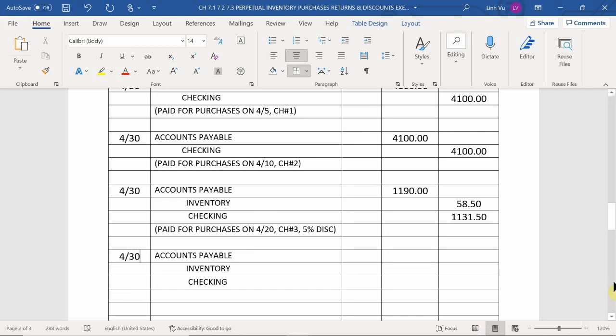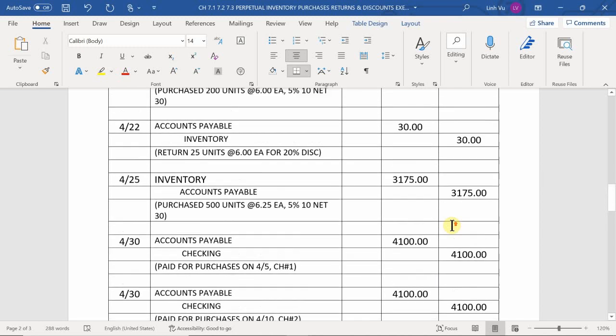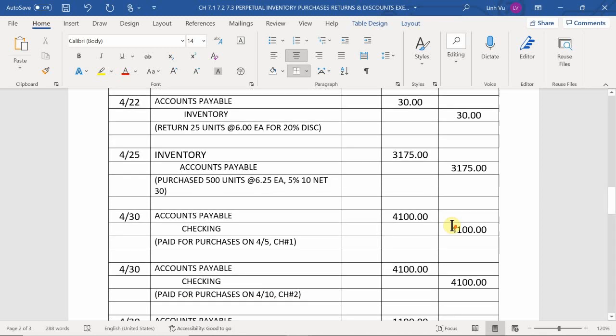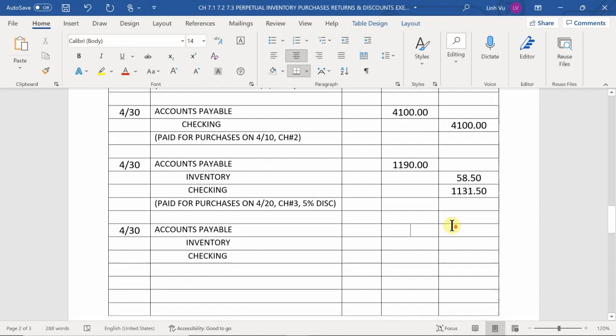In this case, how much do I owe in grand total for the purchase that I made on the 25th? $3,175. Now in this case, because I'm paying within terms, I should receive a 5% discount.